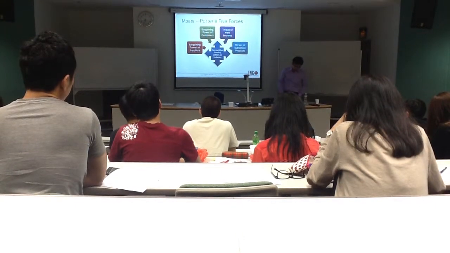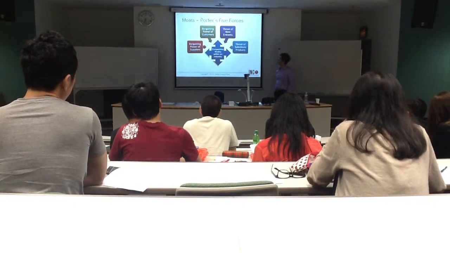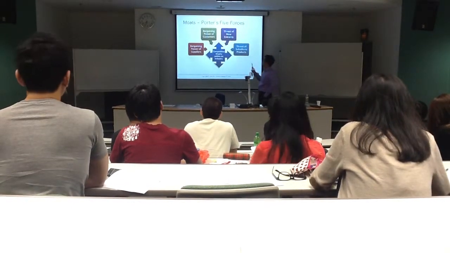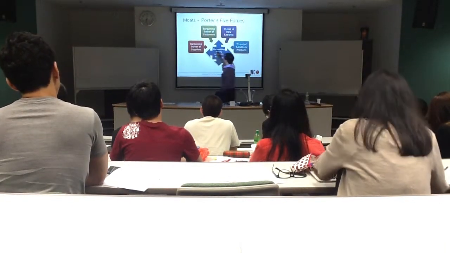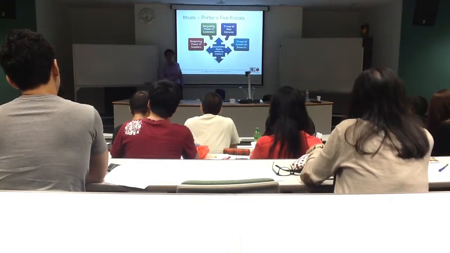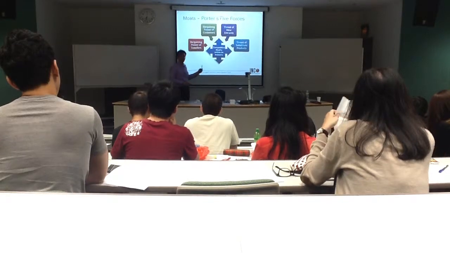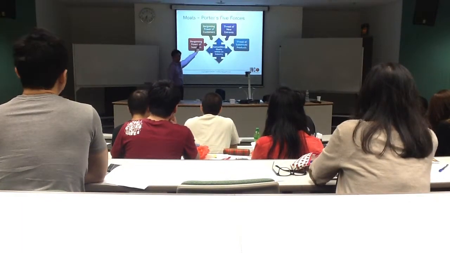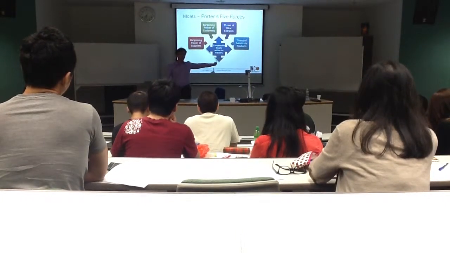Bargaining powers of supplier and customer, I'll just go through it briefly. It depends on the characteristics of companies. If it's very, say, a small, concentrated portfolio of products or services, which means it has very limited suppliers and limited customers, then those folks will become significant.